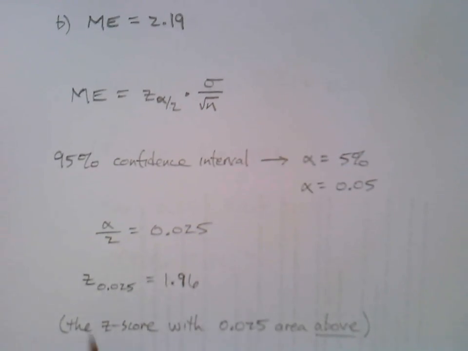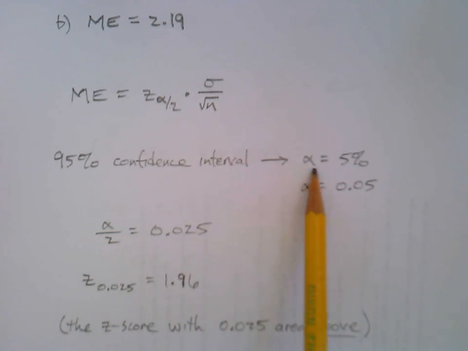Okay, so we talked about z sub alpha. There was a couple of examples back, and I forget how far back it was. I think it was just in chapter 6 when we introduced the z-score. We saw z sub alpha. So z sub alpha over 2, here's where it comes from. Let's say in part A that we were just working on, we had a 95% confidence interval.